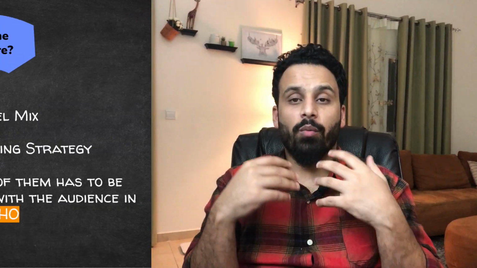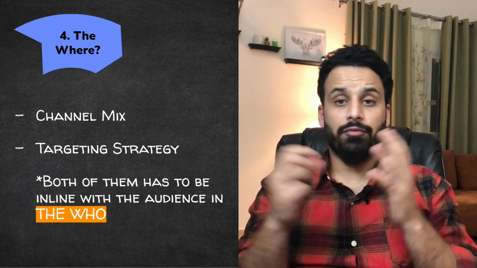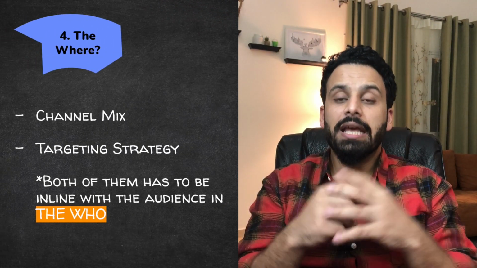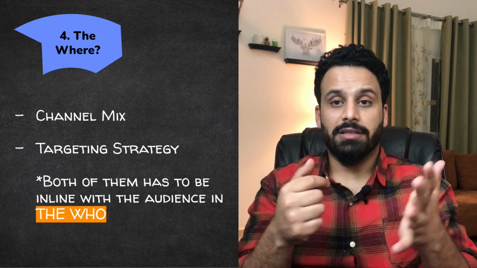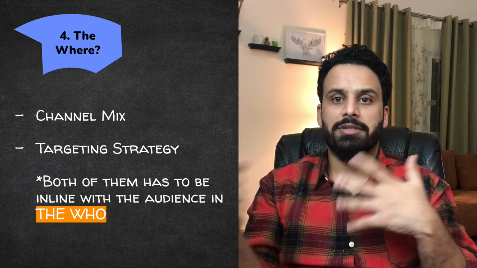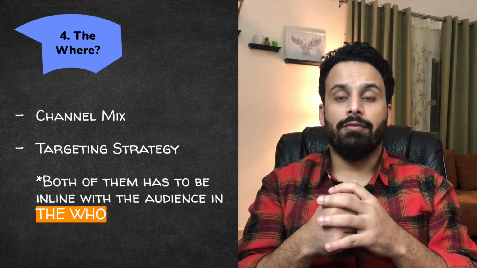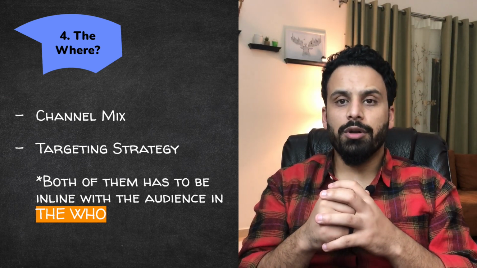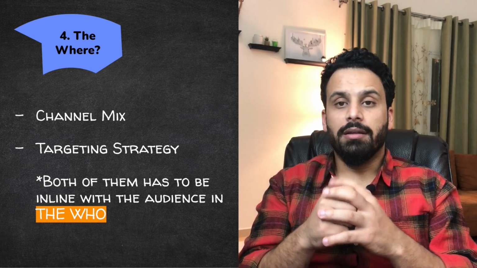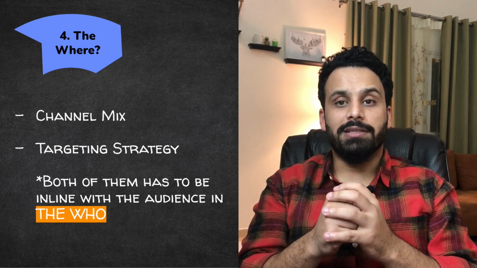Now that we know our audience and we have quantified it, the next step is the where. The where is all about which channels we select. If you are just doing a social media strategy, you have to select which channels you're going after. Is it Instagram, Facebook, Snapchat, LinkedIn, Twitter? For example, if you are doing a B2B campaign, then probably you will put more budget on LinkedIn.